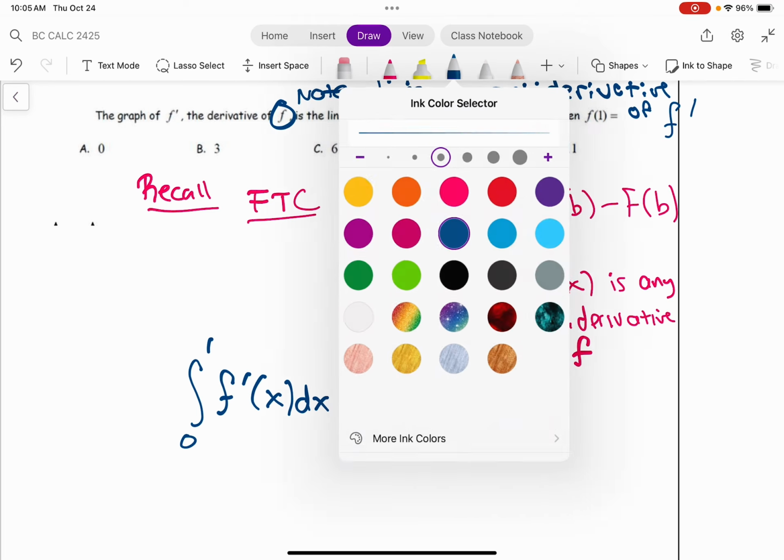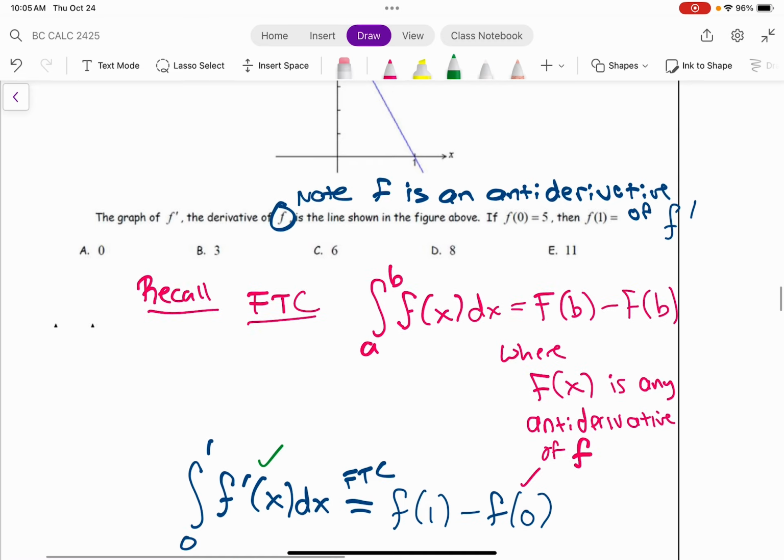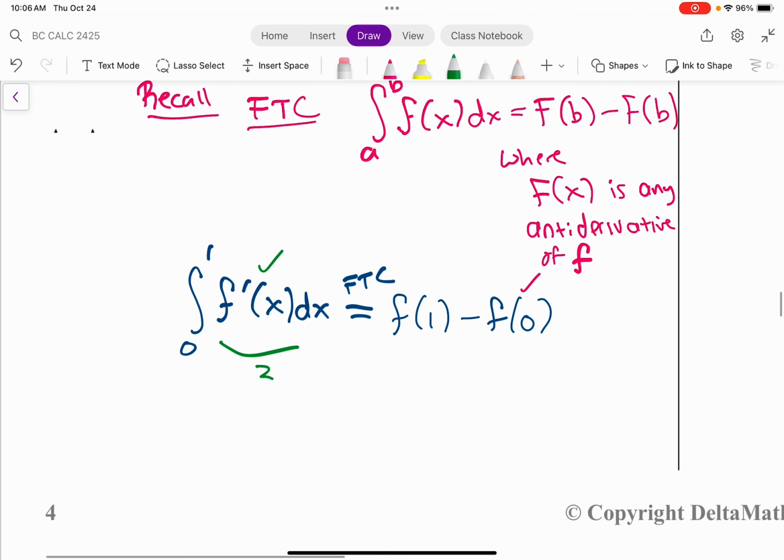And we can find the integral because it's the area of that triangle above. So the area of this triangle is 1/2 times 1 times 6. So that's 3. I'll put that in there. So now I've got that 3 equals f of 1 minus 5, which we're trying to find. Adding 5 to both sides, we get 8.